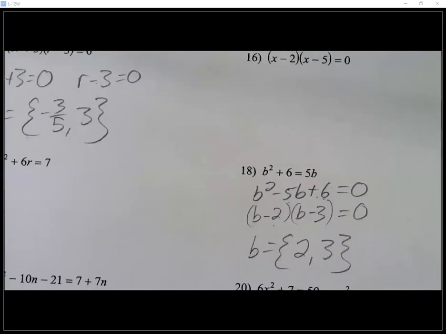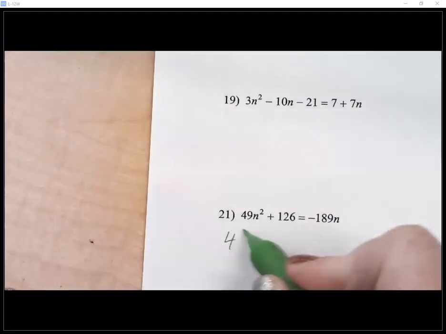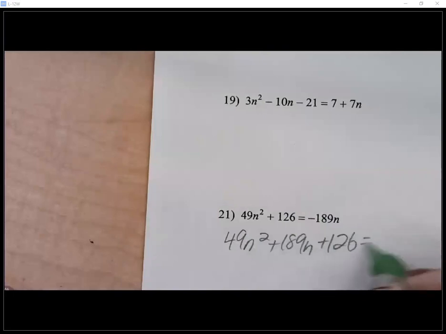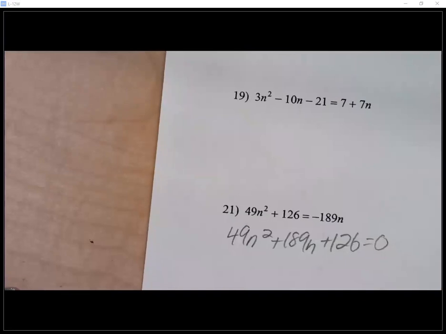Okay, this is becoming more familiar. All right, 21. Ooh, another quadratic. So let's bring that over: 49n squared plus 189n plus 126. Let's cross our fingers and hope that everybody is divisible by 49. Is it? Oh, only by 7? Darn. Okay, but that's all right.